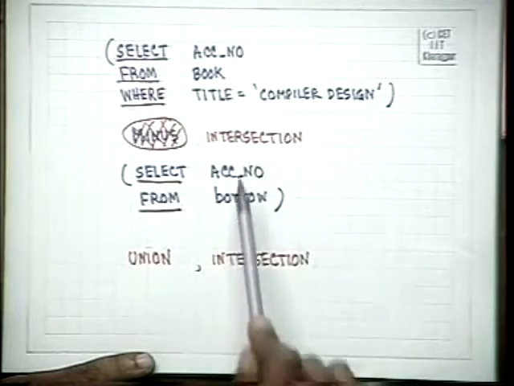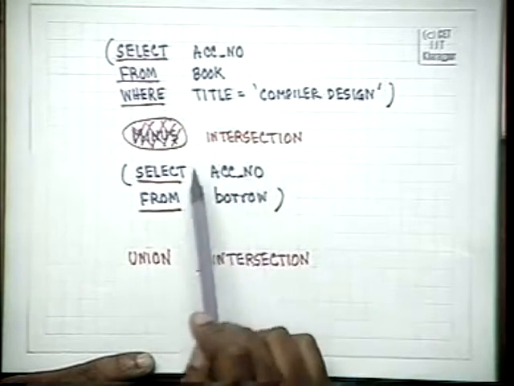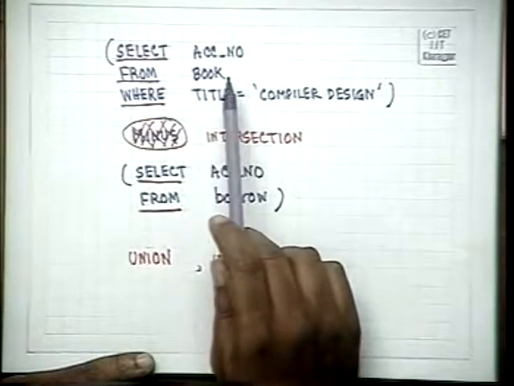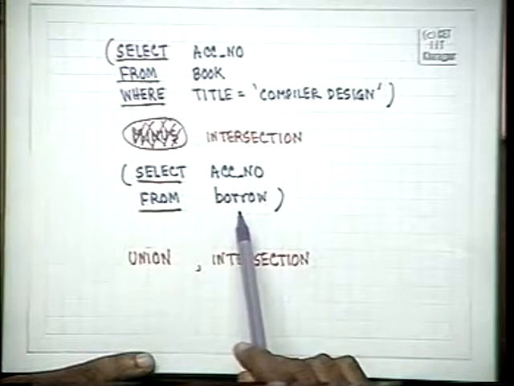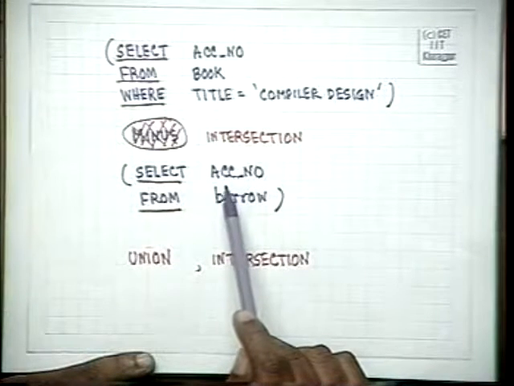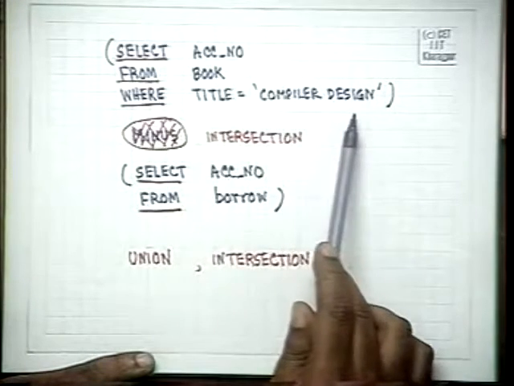This will do an intersection of these two. Since all the books are there in the book relation, the intersection will give you the accession number of all the books which have been borrowed and whose title is compiler design.